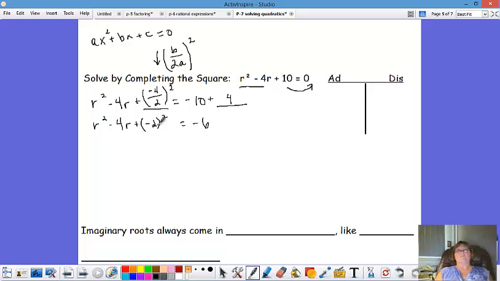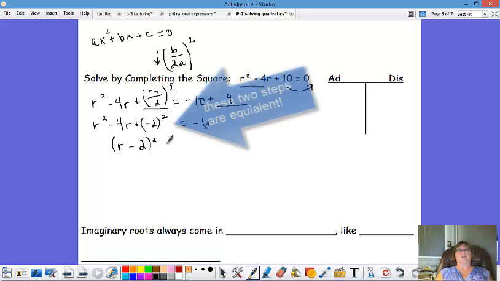And the reason that we complete the square is so that we can go from this trinomial format to what we know is equal to it. That is, that perfect square trinomial boils down to this, r minus 2 quantity squared. I want us to just think about that again.